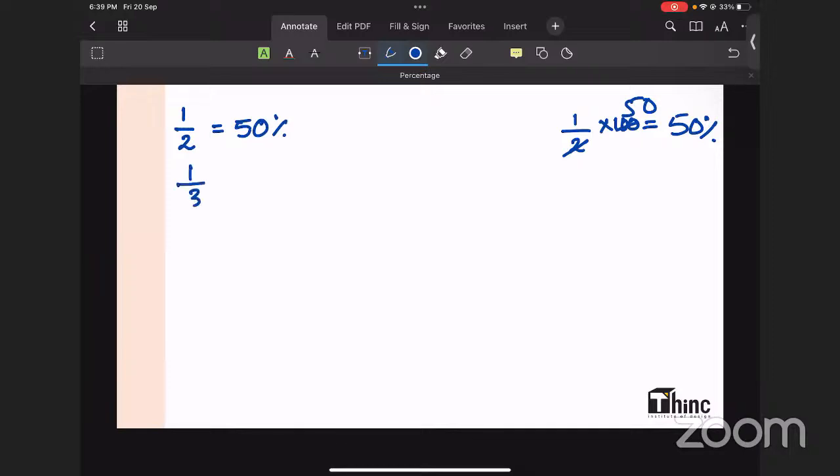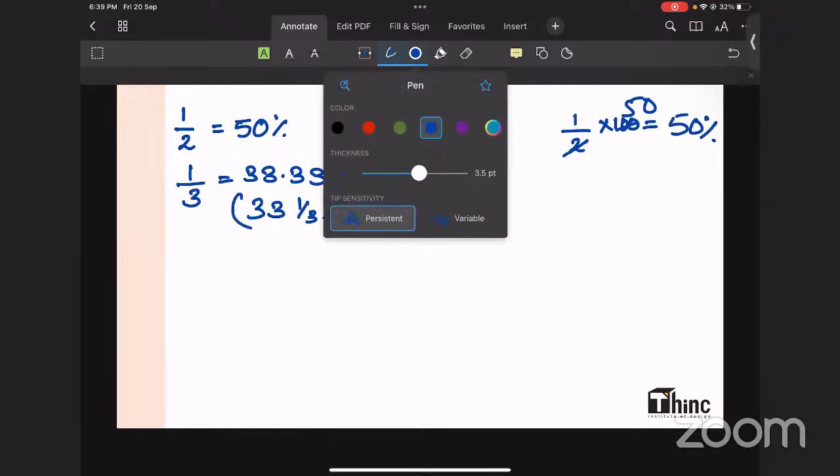What about 1 by 3? 1 by 3 is 33.33%. Remember this value. 1/3 of the earth is land. 33.33% of the earth is land. Social science textbook. Okay, connect it with that. Or you can write 33.33 as 33 and 1 by 3%.